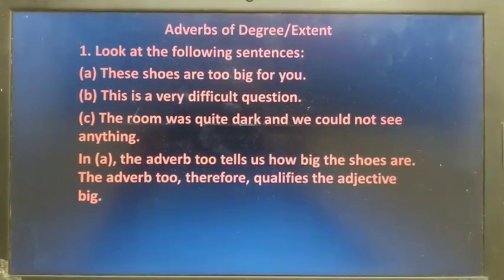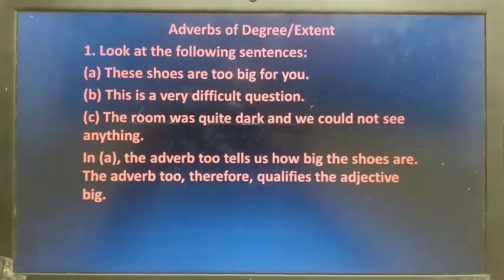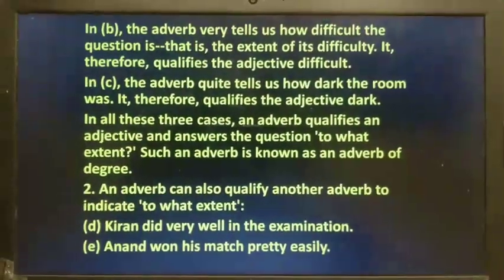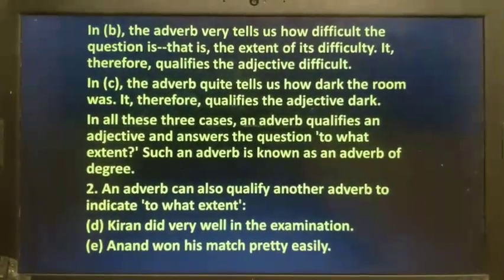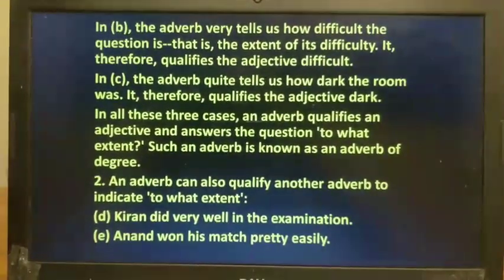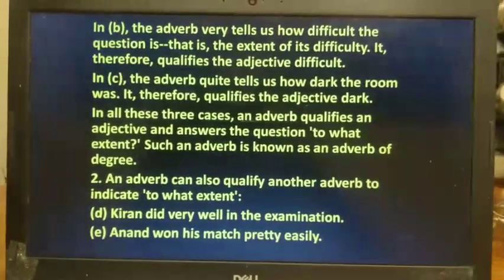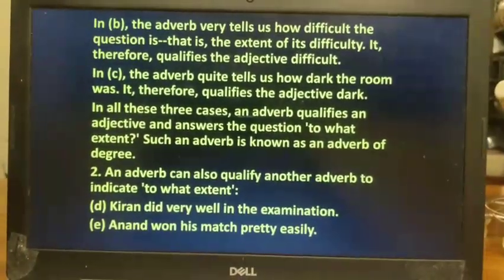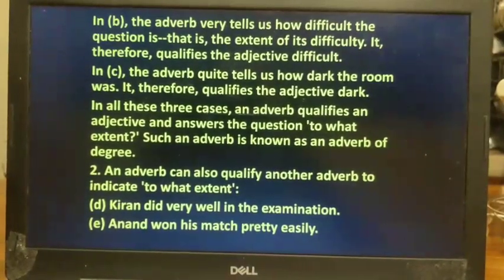The adverb too therefore qualifies the adjective big, just as ma'am had explained right now. In B, the adverb very tells us how difficult the question is. So you understand, students, the word which is telling us the degree, to what extent something is, that is called adverb of degree or extent.